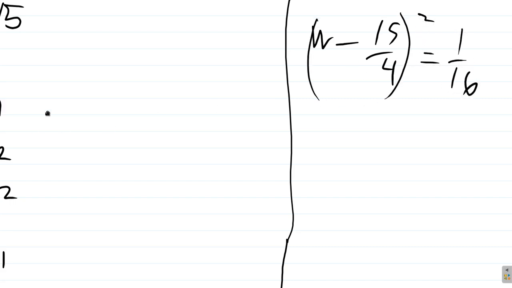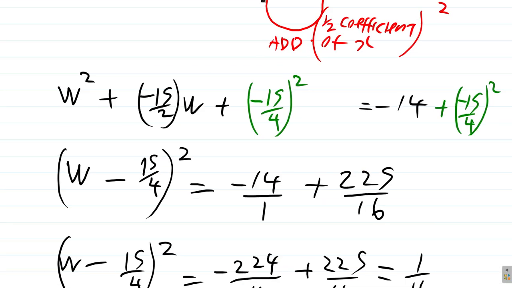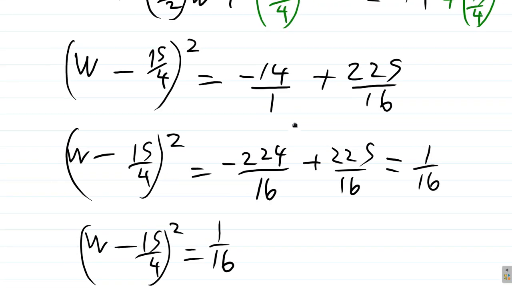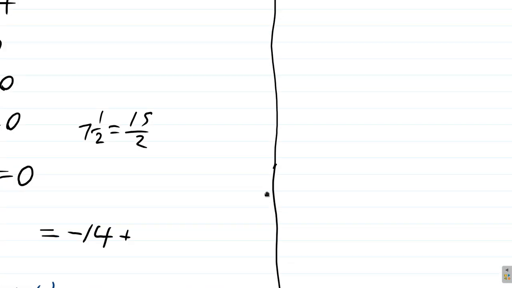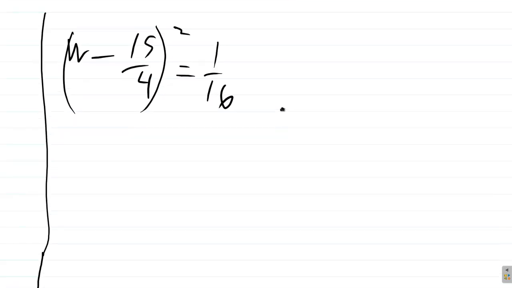Let's just check back to make sure that's what it said. Yeah, (w minus 15 over 4) squared is equal to 1 over 16. And then it's now a matter of working it out. Now remember, we're taking longer and showing a lot more things than we would do in an exam, because this is for learning and understanding purposes. Alright?